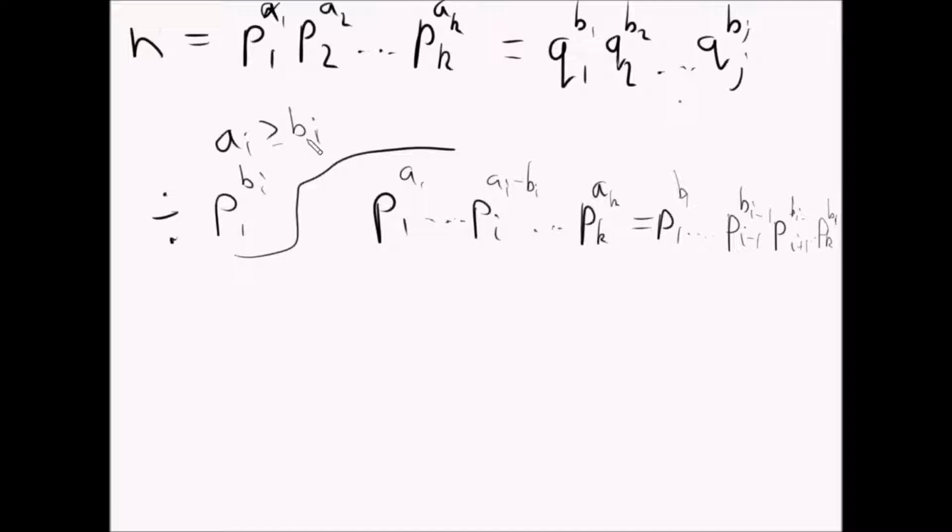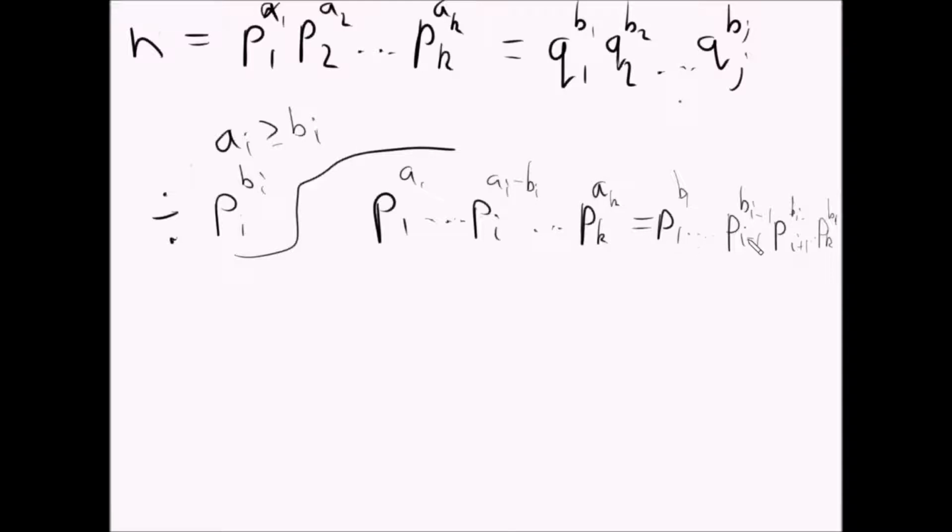So if we divide out by that pi to the bi factor, the left hand side that we're left with will have p1 to the a1 up to pi, and pi is going to be deducted bi powers of pi, so its new power will be ai minus bi, and then we continue up to pk to the ak.